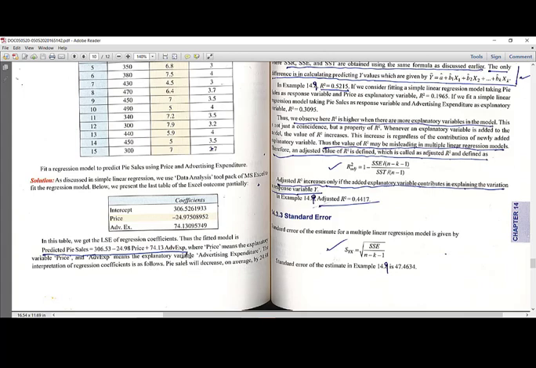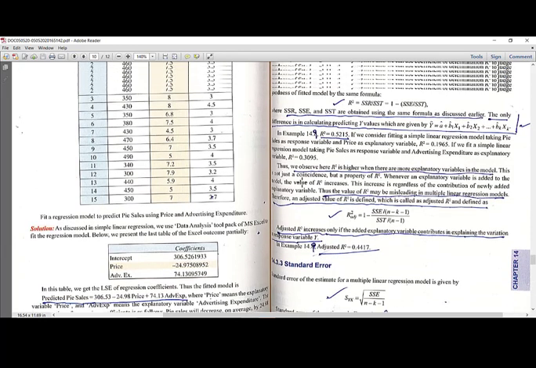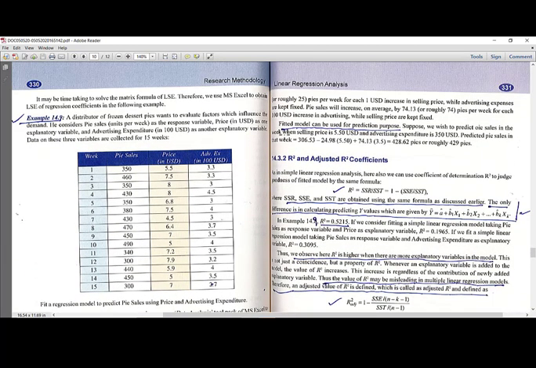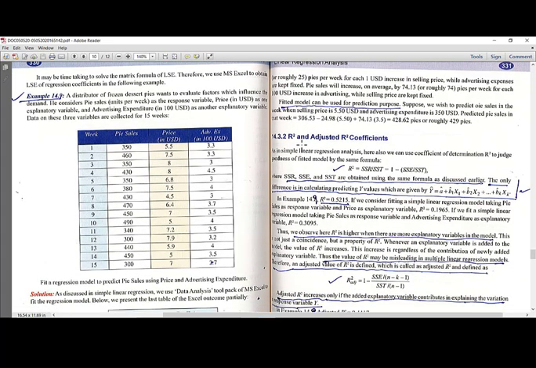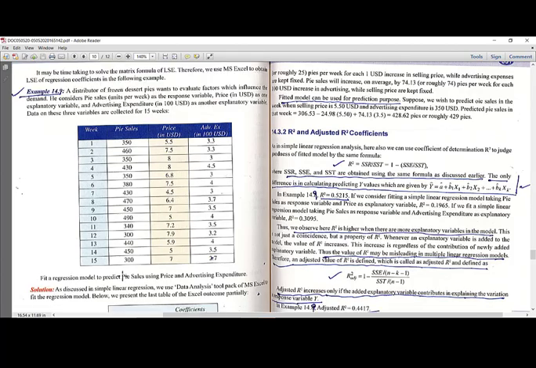Looking at this fitted model, pie sales will decrease on average by 24.98, or roughly 25 pies per week, for each $1 increase in the selling price, while advertising expenses are kept fixed. And pie sales will increase on average by 74.13, or roughly 74 pies per week, for each $100 increase in advertising, while selling price is kept fixed.